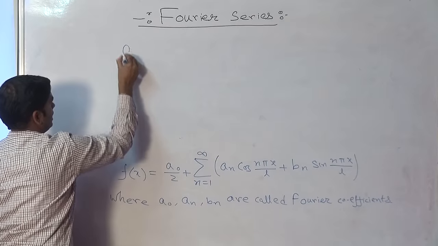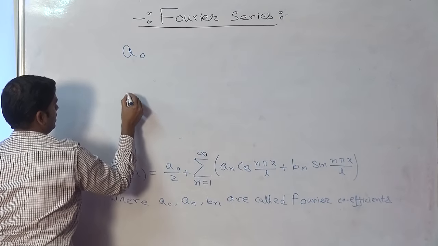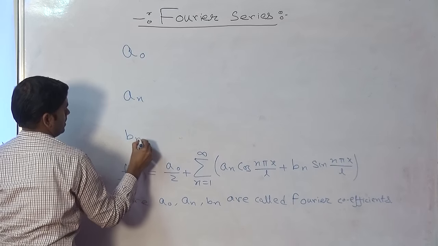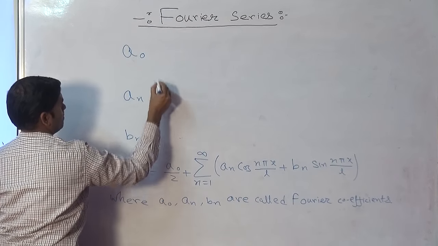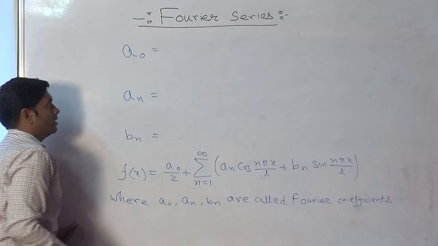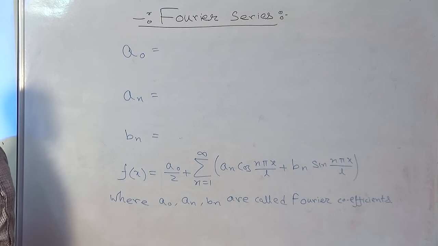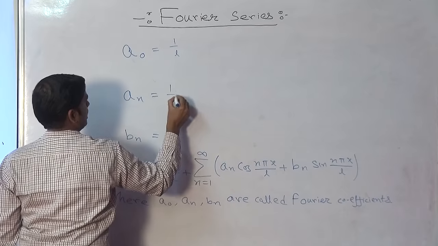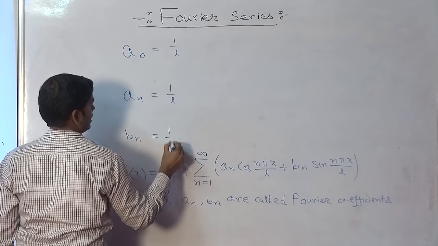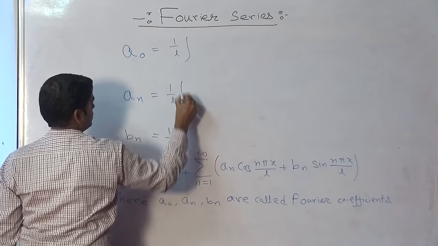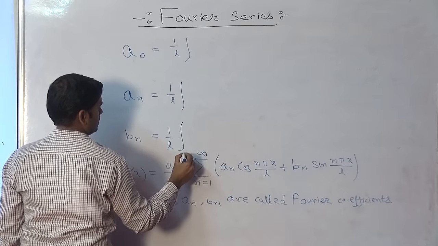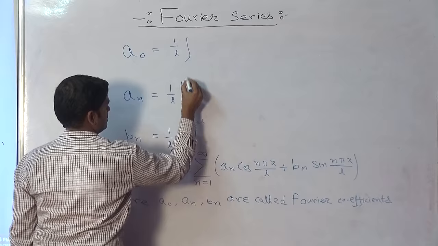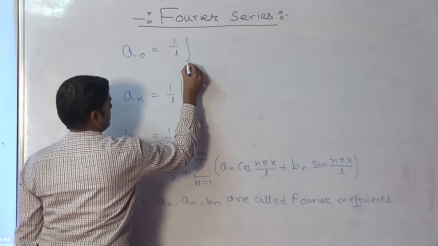So you have to calculate a0, an and bn. So first write down 1 by L, 1 by L, 1 by L everywhere. Then integration, integration, integration. Range is the same for all of these: c to c plus 2L.